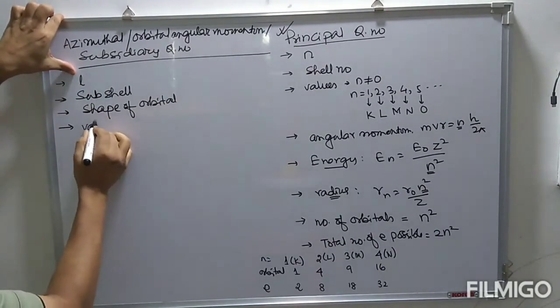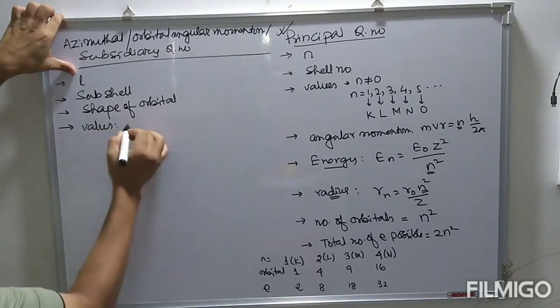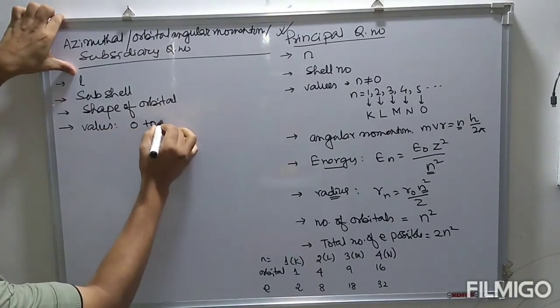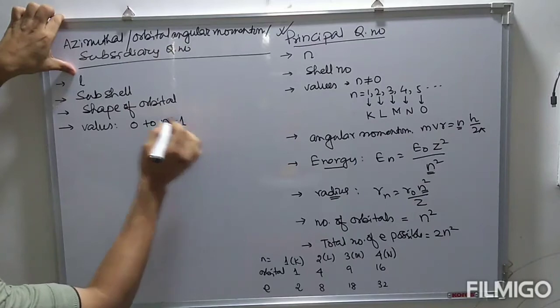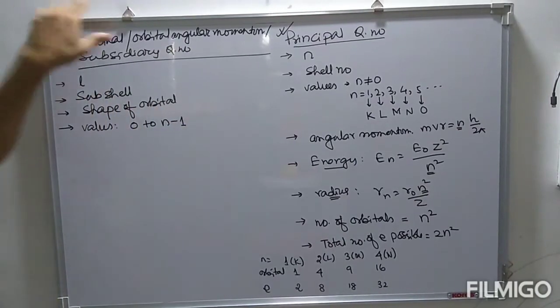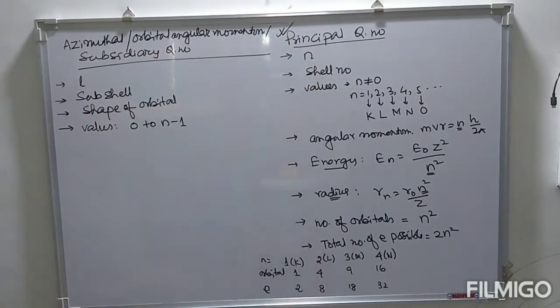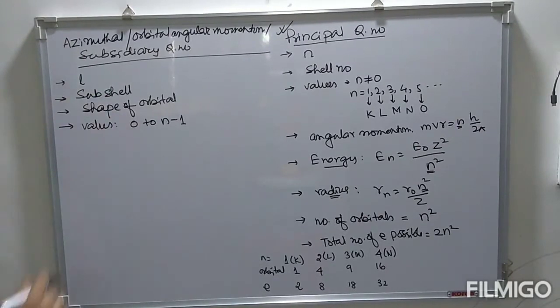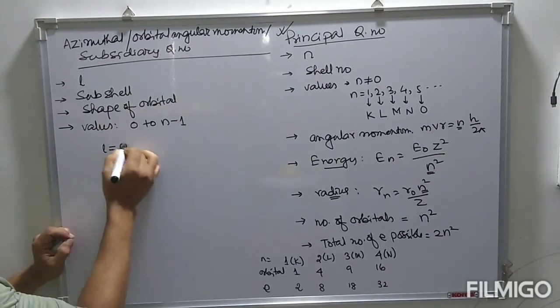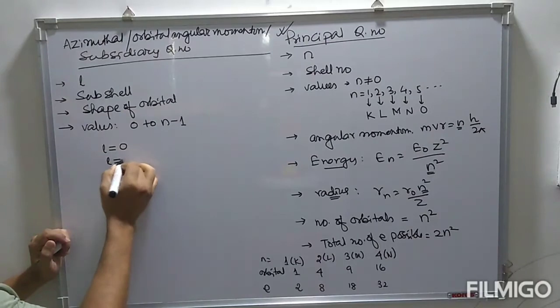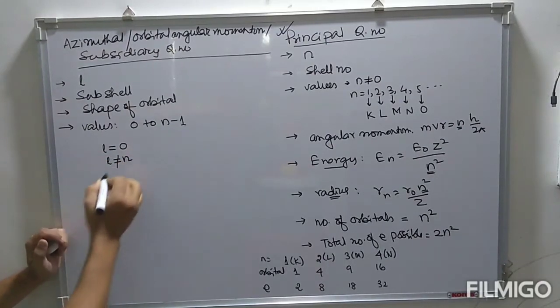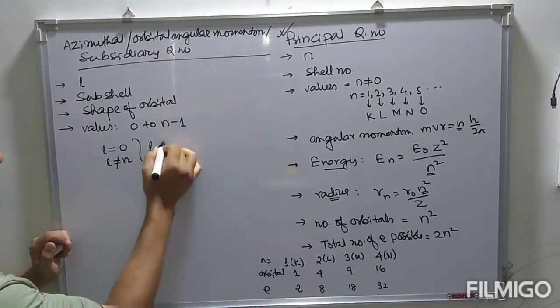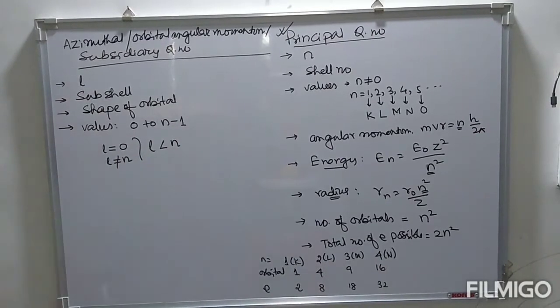The values of l are 0 to n minus 1. That means the value of l is defined provided we have the value of n. Without defining the value of n, we cannot have l. So l can be 0, but l cannot be equal to n. The value of l is always less than n.